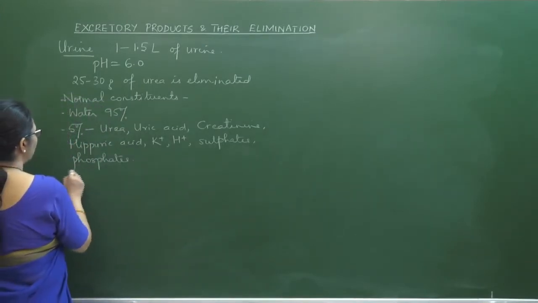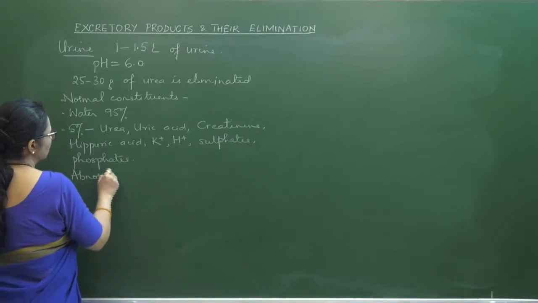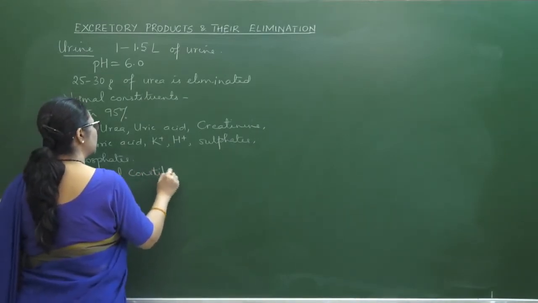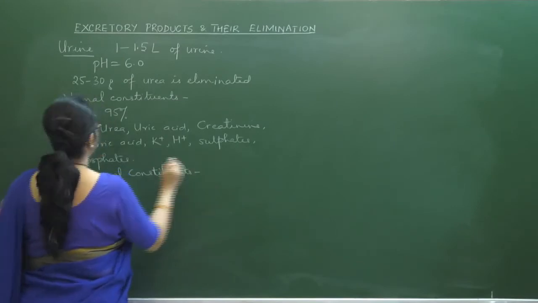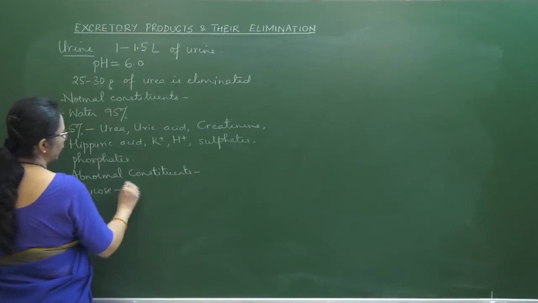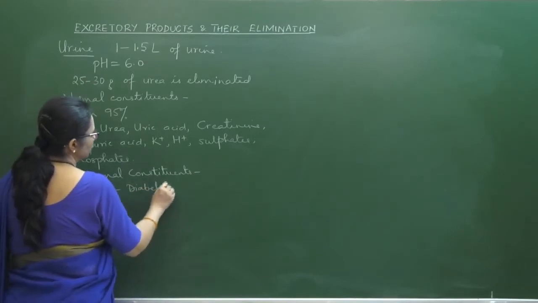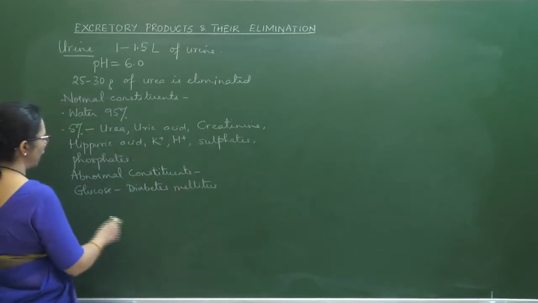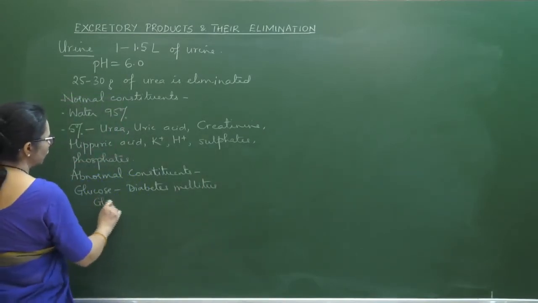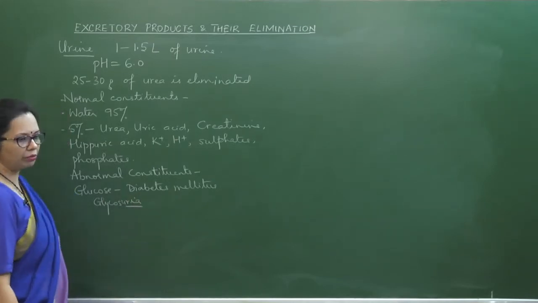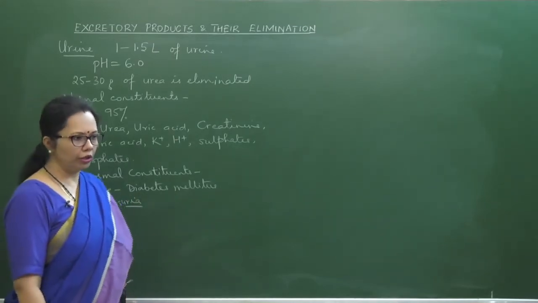Then if we talk about abnormal constituents, it could be glucose, that is in diabetes mellitus, and the condition will be called glycosuria. So any term ending in uria means the substance is present in urine.